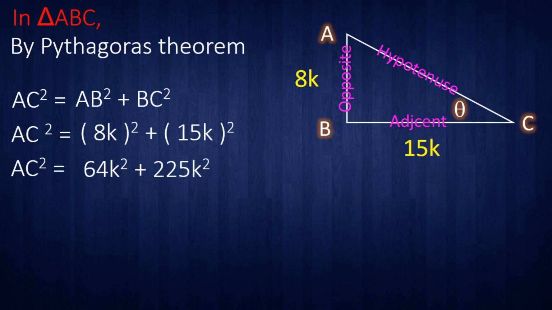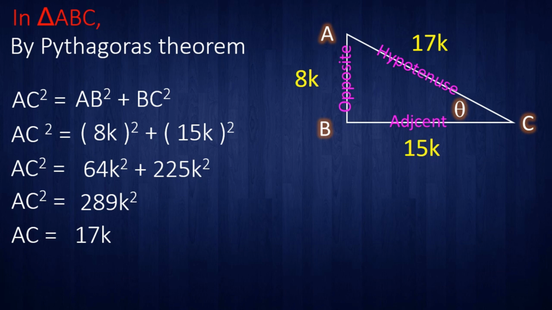Add both values, so you will get 289K square. 289 is a square of 17, therefore AC is equal to 17K. Now show in the figure AC value 17K.